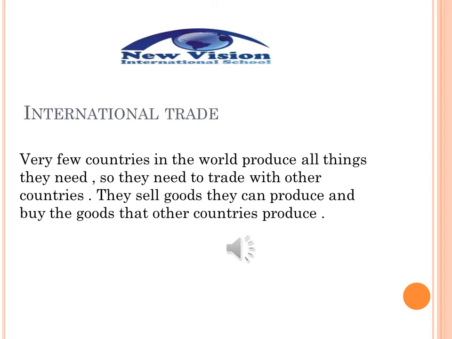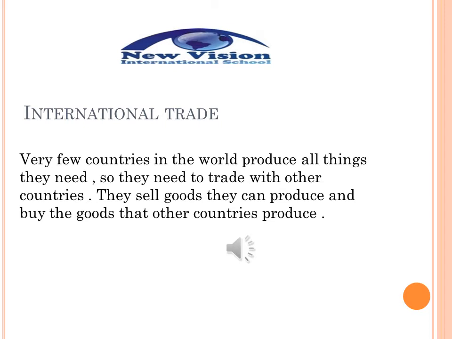If you look at the labels on foodstuffs and clothing, you will see that the food and clothes we buy locally are often made in other countries. For example, olive oil may come from Syria or Italy.